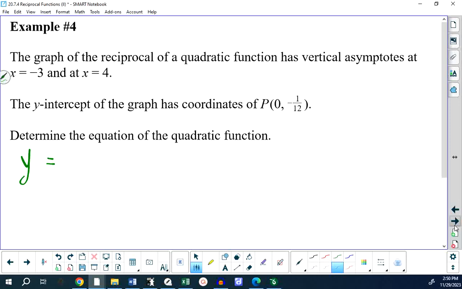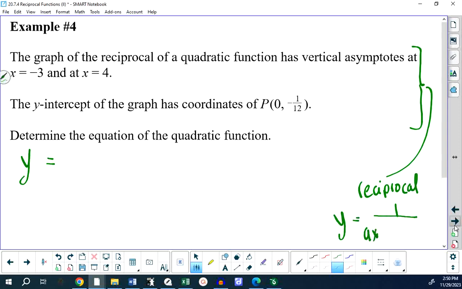Can somebody tell me, this is all about the reciprocal, right? All of this is about the reciprocal function. It's about y equals 1 over ax squared plus bx plus c.